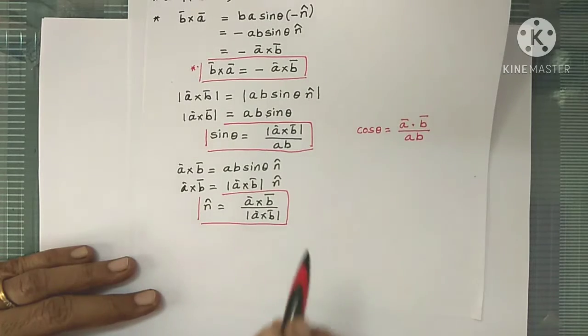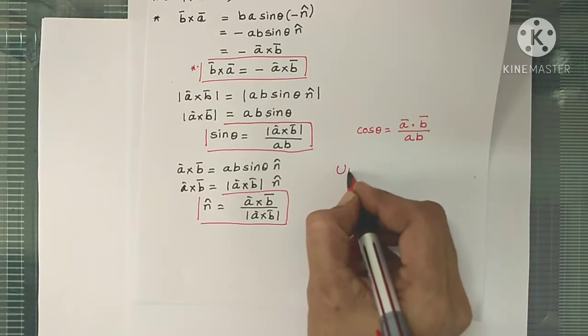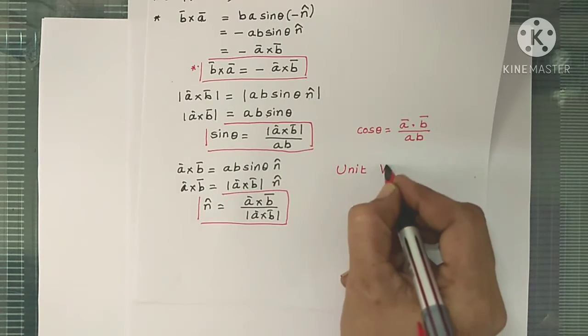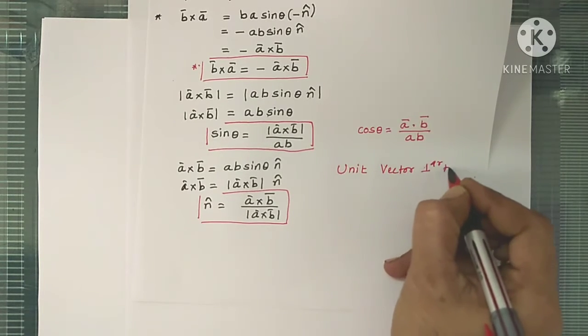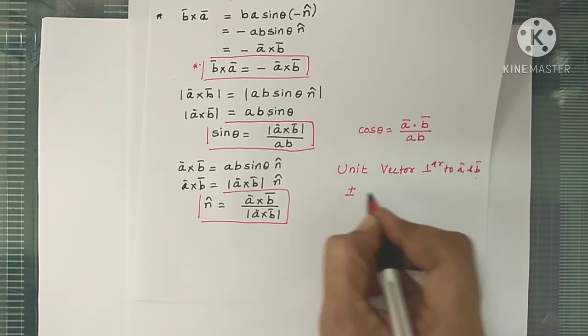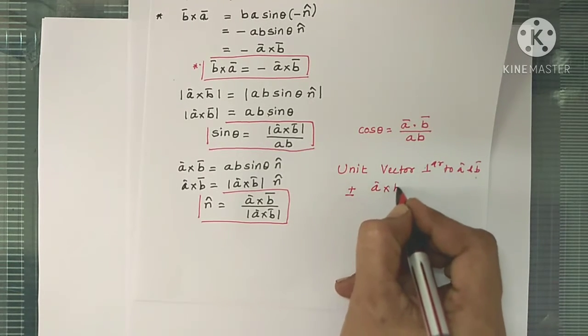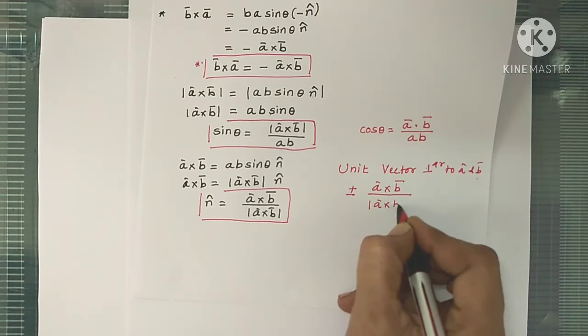They may ask us to find two unit vectors perpendicular to A bar and B bar. So the unit vectors perpendicular to both A bar and B bar are plus minus A bar cross B bar upon modulus of A bar cross B bar.